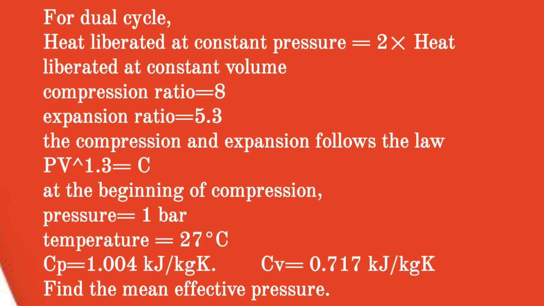Compression and expansion processes follow the law PV^1.3 = C. At the beginning of compression, pressure is equal to 1 bar and temperature is equal to 27 degrees Celsius. Cp is equal to 1.004 kJ per kilogram Kelvin and Cv is equal to 0.717 kJ per kilogram Kelvin. Find the mean effective pressure.